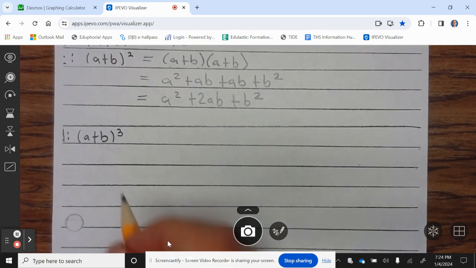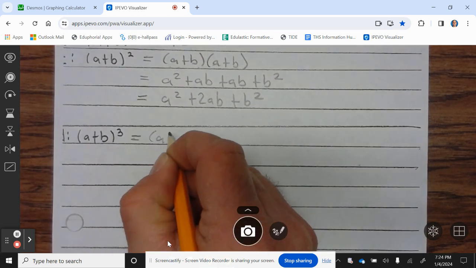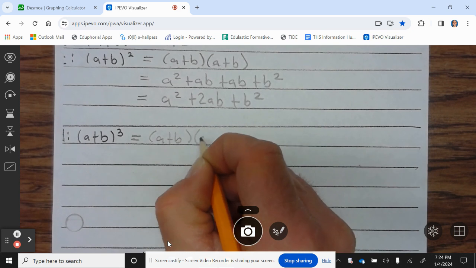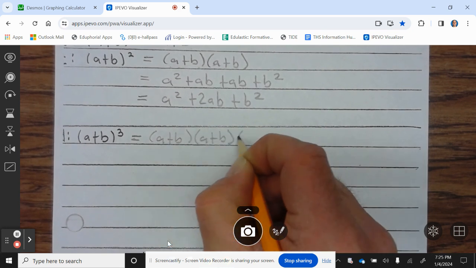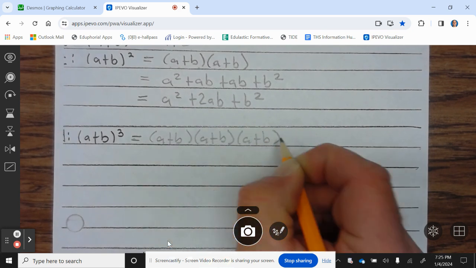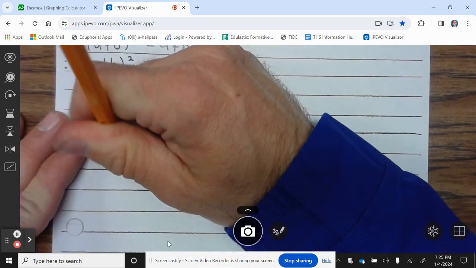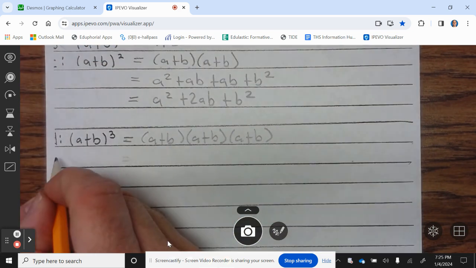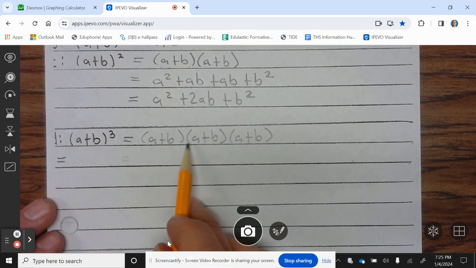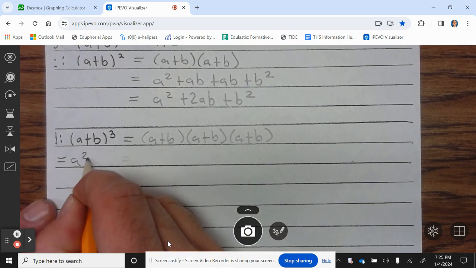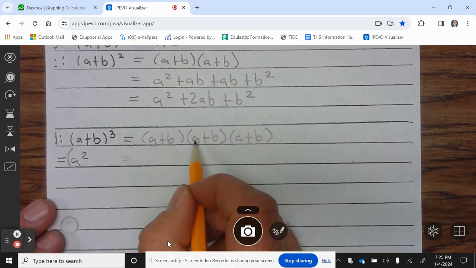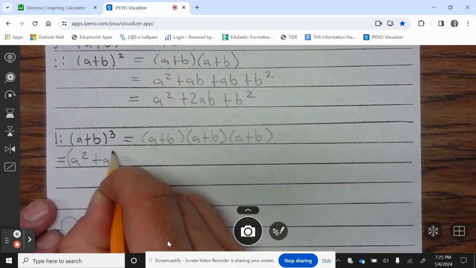Okay, a plus b cubed is a plus b times a plus b times a plus b. So let's go ahead and FOIL. And this might get long, so let's start all the way to the end of the paper. A times a is a squared. A times b is plus ab.